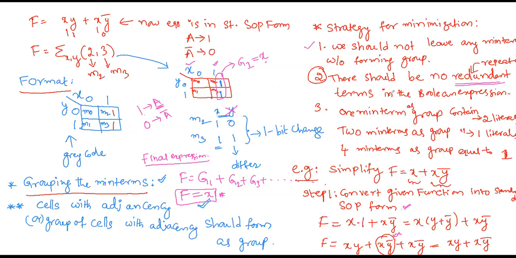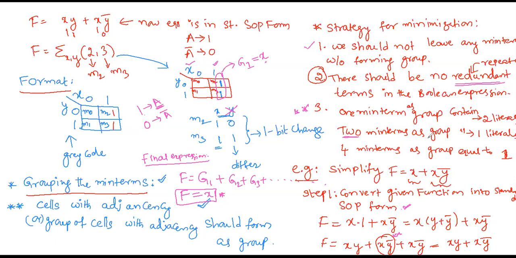One tip, and see the third point. If you are forming 1 minterm as a group, the final expression will contain 2 literals. Here, how many minterms are we forming as a group? 2 minterms.